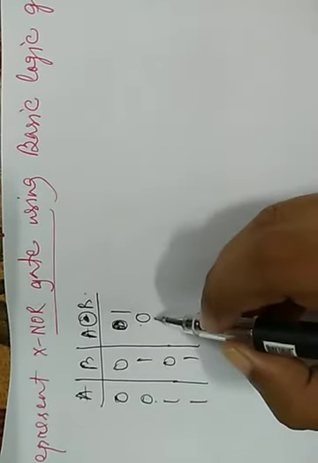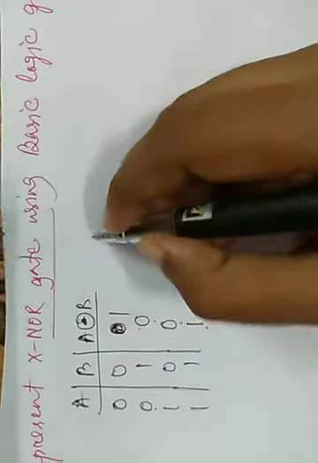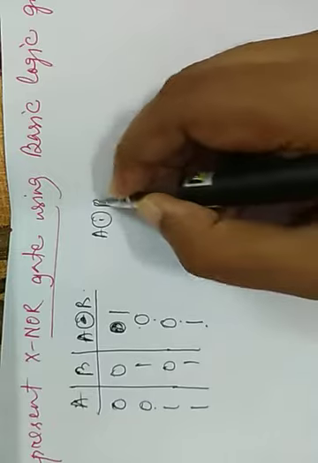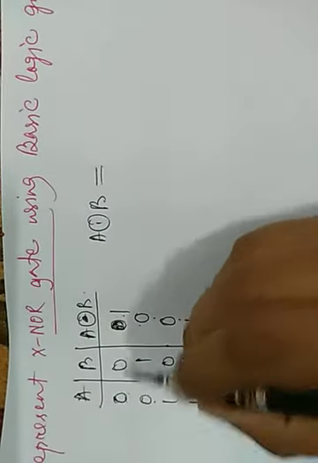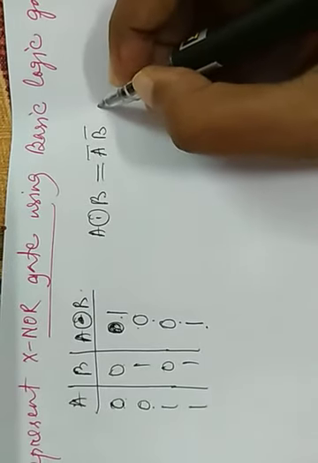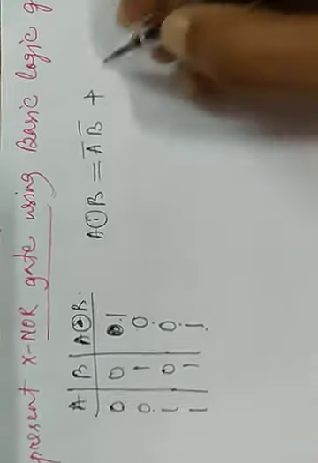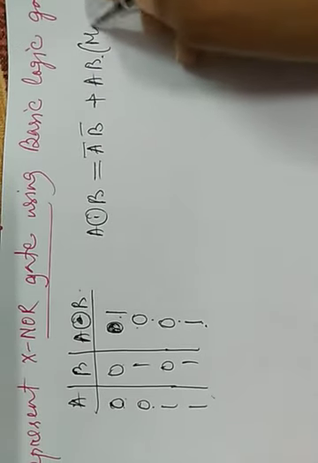For an odd number of 1s, output is 0, and otherwise 1. So for the XNOR gate expression, by taking the minterm expression we get A bar B bar plus, for the last 1, A B. Okay, this is the minterm expression.